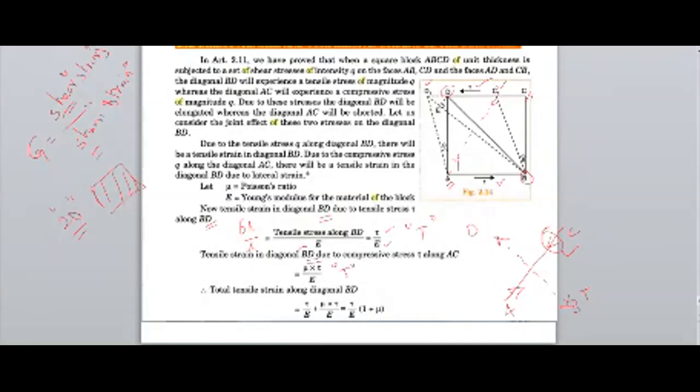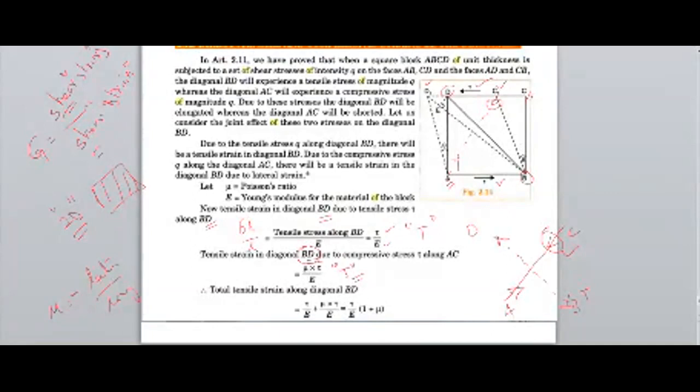Here the shear stress on this face is negative. We have the relation mu is equal to lateral strain by longitudinal strain, which is negative, but here the stress is negative as well. Negative of negative gives a positive.